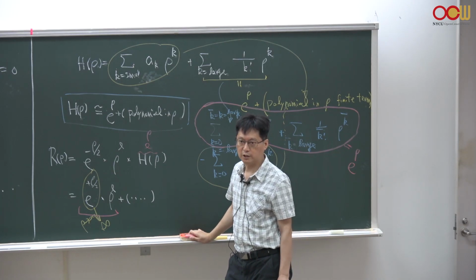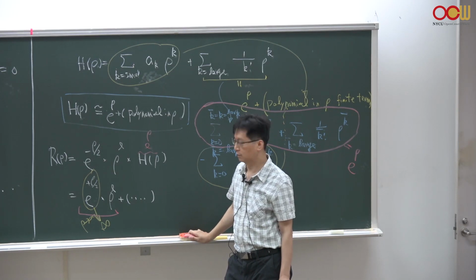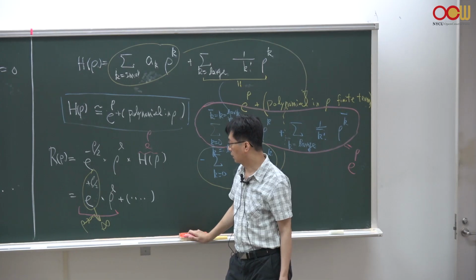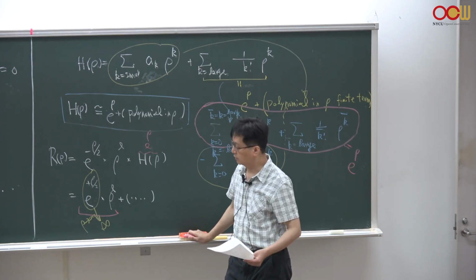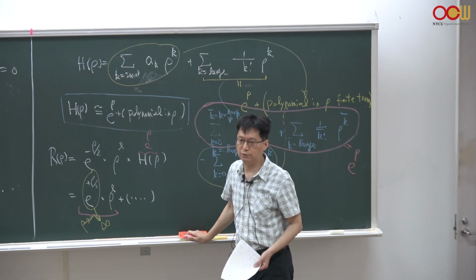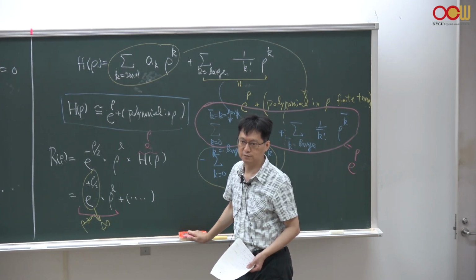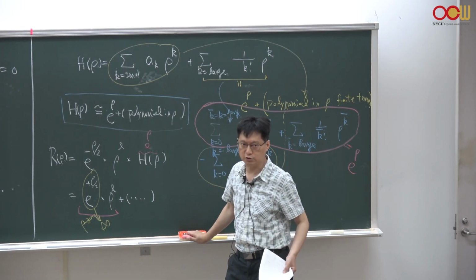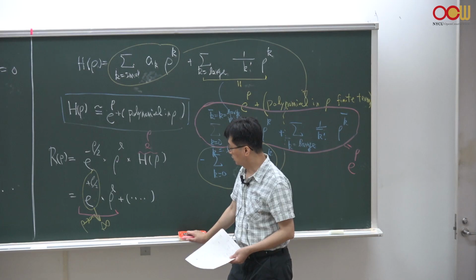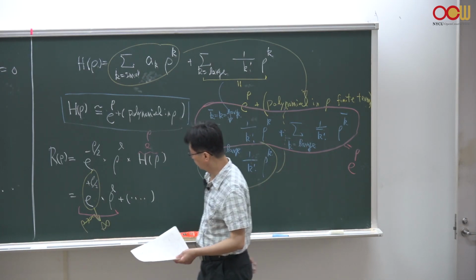And this is an exponentially exploding term that will lead to meaningless results, because we know that the wave function cannot explode. In fact, it should vanish at infinitely far away distance.